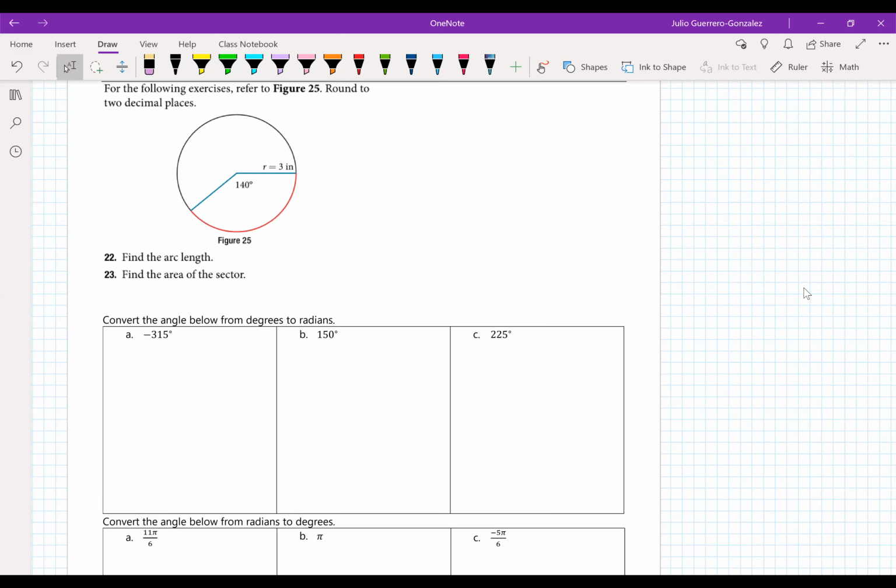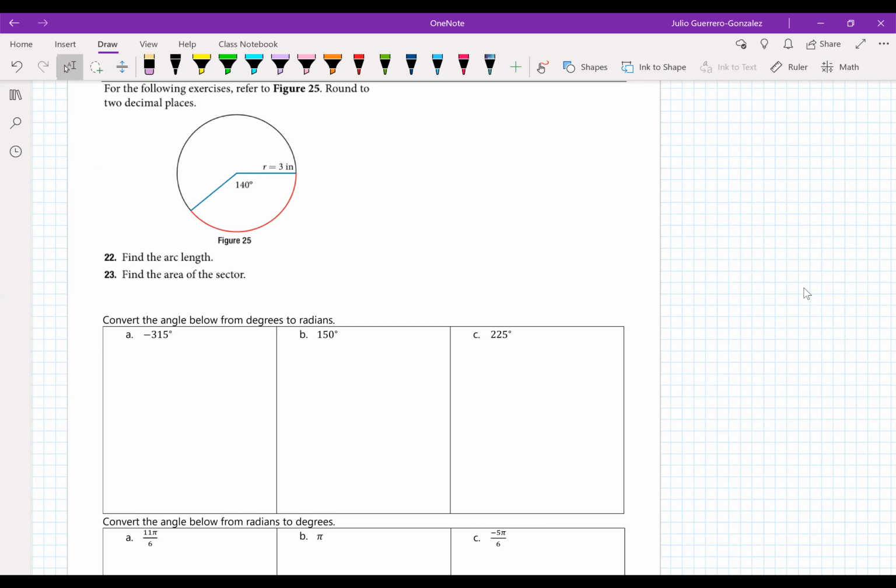So it'd be 140 times pi over 180, right? So I get 140 pi over 180. Yep, and reduce it. I got 2/3 when I reduced it. It shouldn't be 2/3. I did this wrong. I'm bad at reducing.